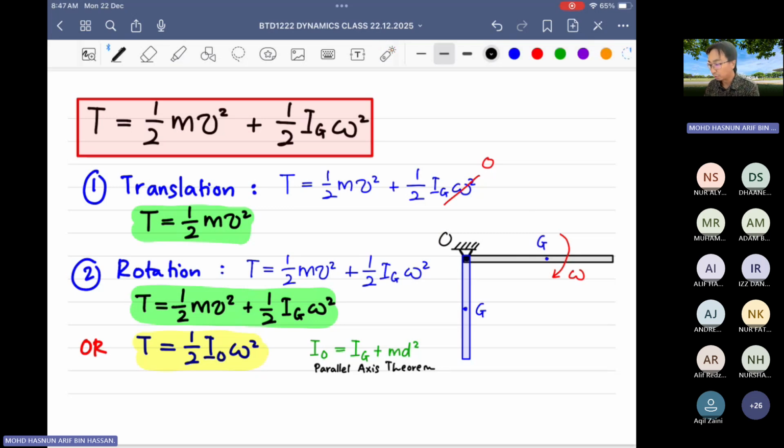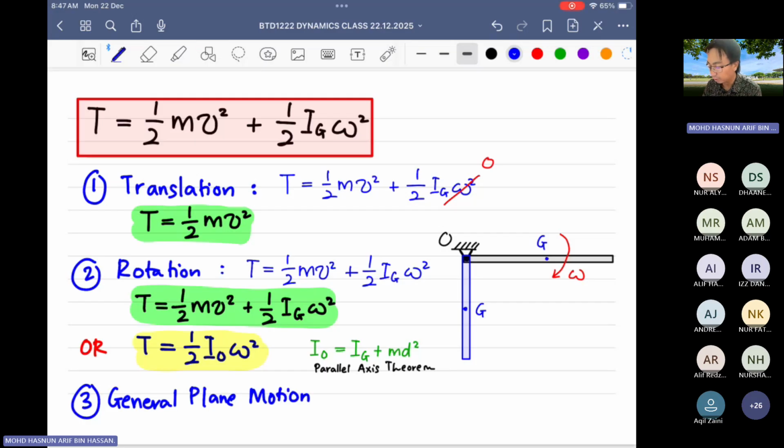Okay, so that is for rotation, and we also learn the third type of motion, which is general plane motion. General plane motion involves both translation and also rotation.